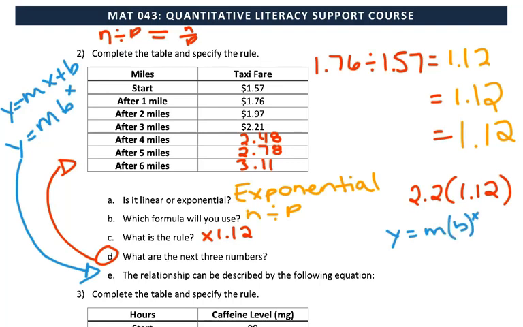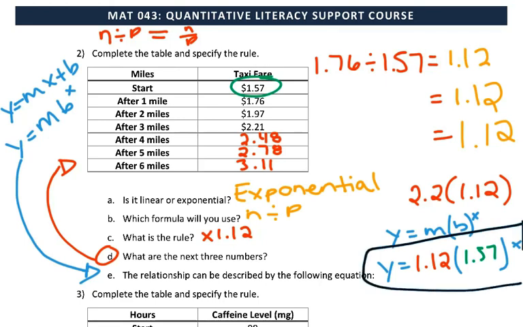If we rewrite this with our numbers, we'll have y equals our m, which is our rule, 1.12, our b, which is our first number, so that's going to be this 1.57, and then we'll just close our parentheses and raise it to the x power. And so that is your equation. The equations take a little bit longer to think about and work through, but really you need your rule and your very first number.